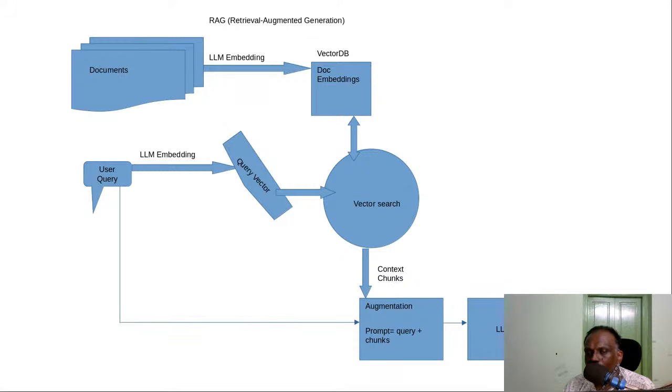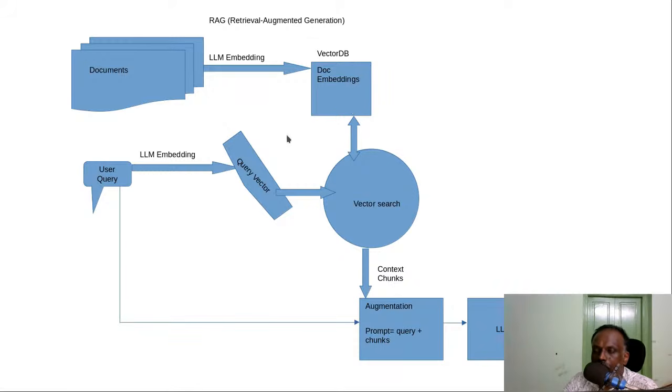But fundamentally, RAG means we split the document into multiple chunks, choose the appropriate chunks based on the user query, and then use those relevant chunks for getting the answer from the LLM. That is the fundamental idea. As I said, to increase the speed, we are using vector search.